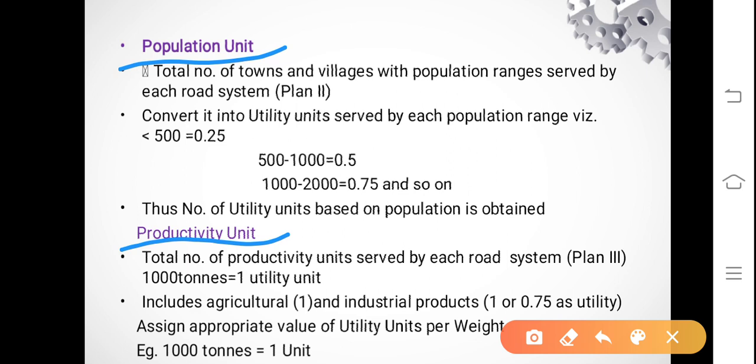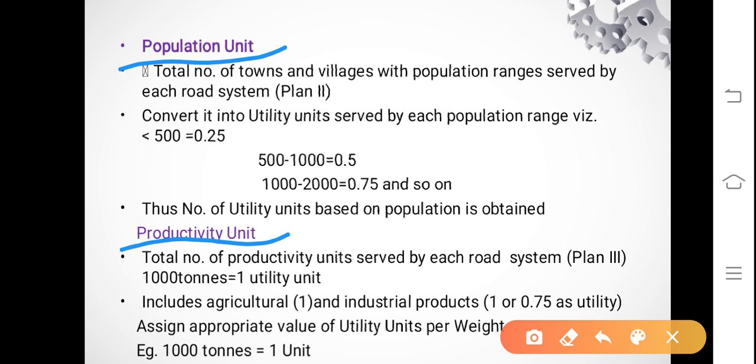There is no hard and fast rule that this 0.25, 0.5, 0.75 range only should be used. Even less than 500 may be given 0.5 straight away, and then 500 to 1000 will be 0.75, 1000 to 2000 will be 1, 2000 to 5000 may be 1.5, and so on.